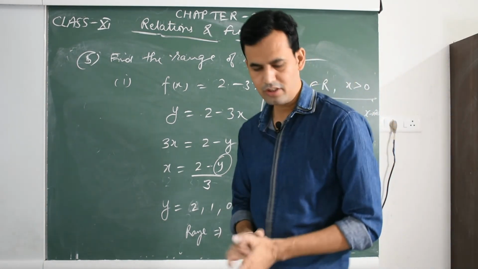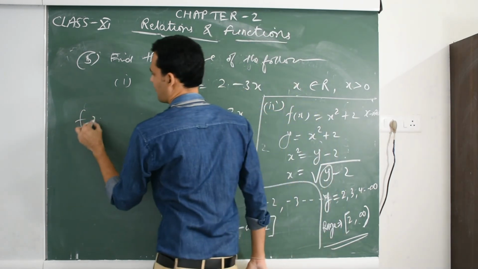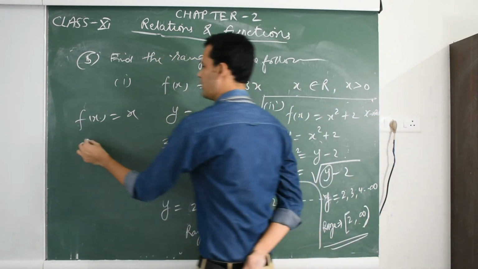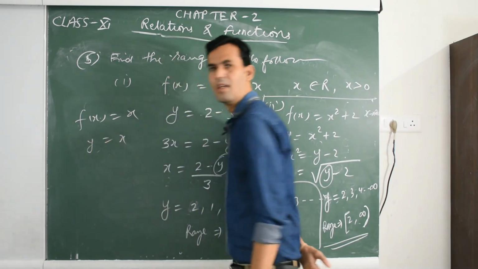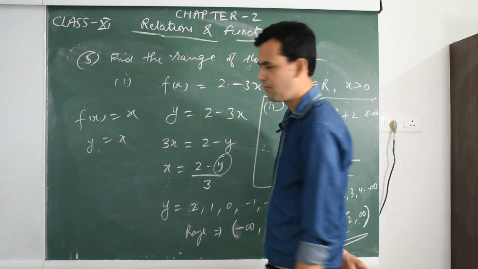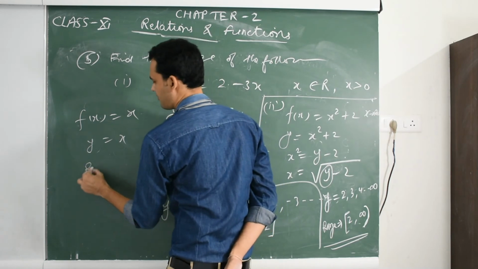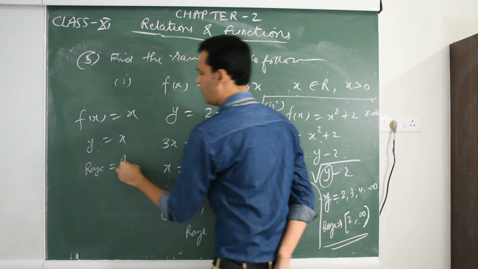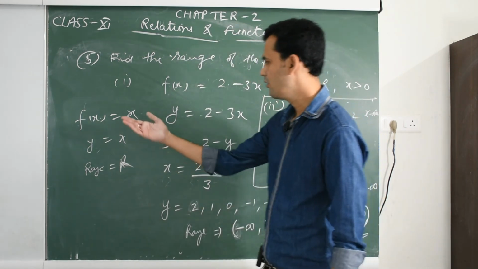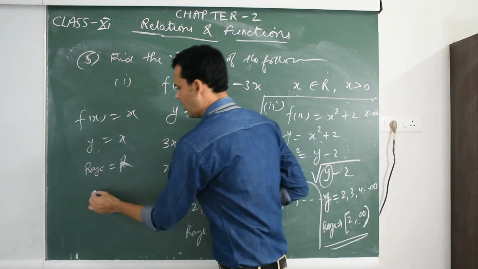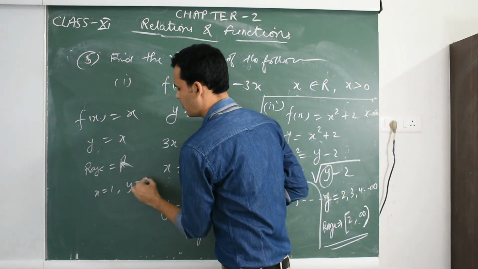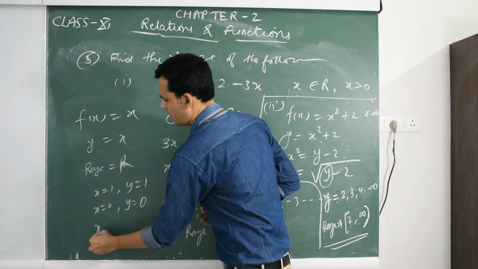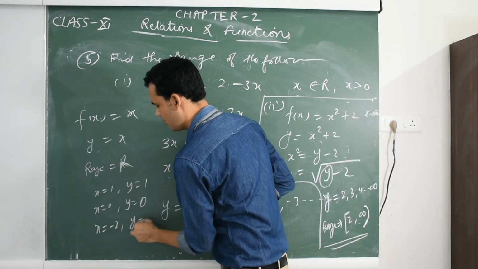And the third question is f(x) equals x. This is the identity function, it means y equals x. So the range is all real numbers. Why? Because if we put x equals 1, y equals 1, x equals 0, y equals 0, x equals minus 2, y equals minus 2.